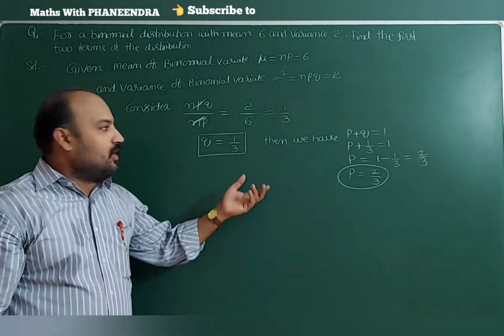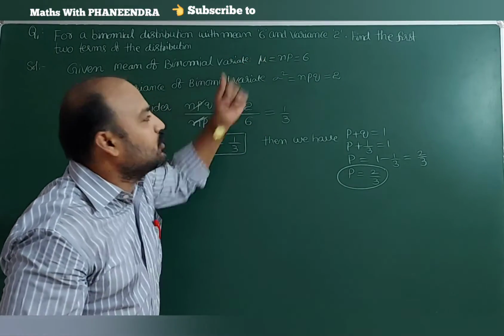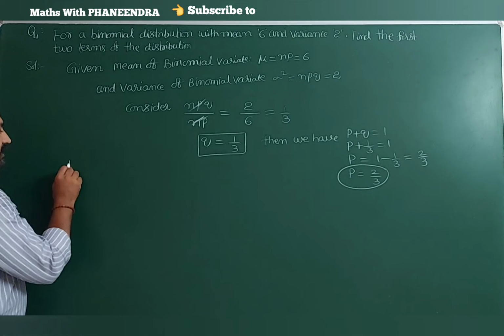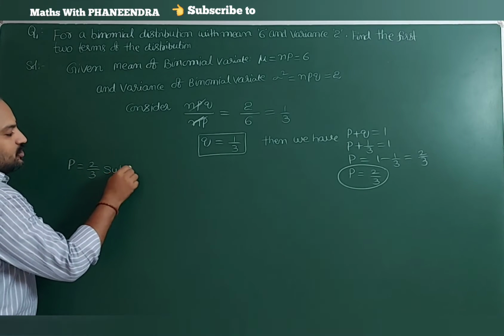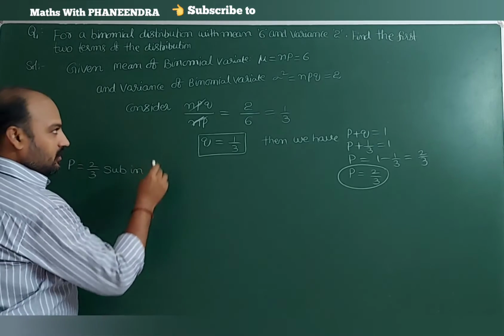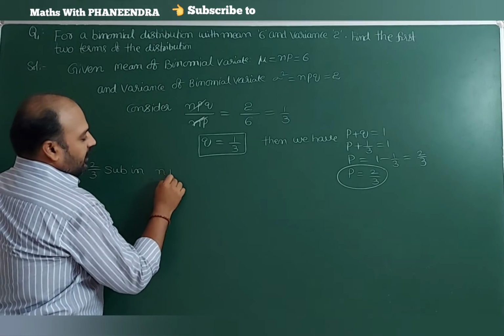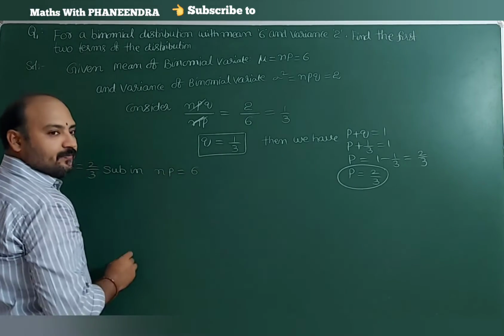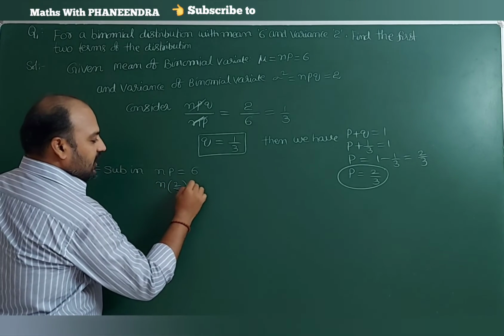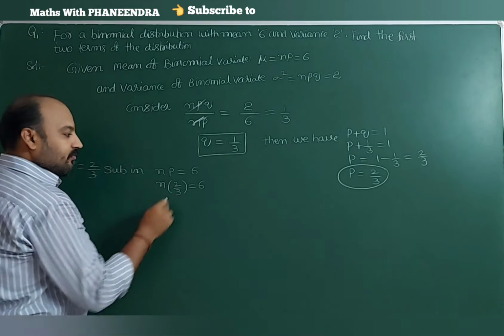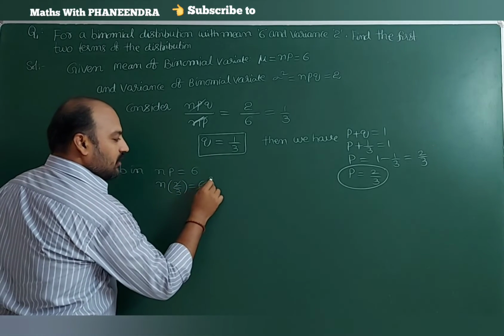Next, we want the n value. Substitute p is equal to 2 by 3 in the mean, np is equal to 6. n into 2 by 3 is equal to 6. Two 1s are 2, three 3s are 9.